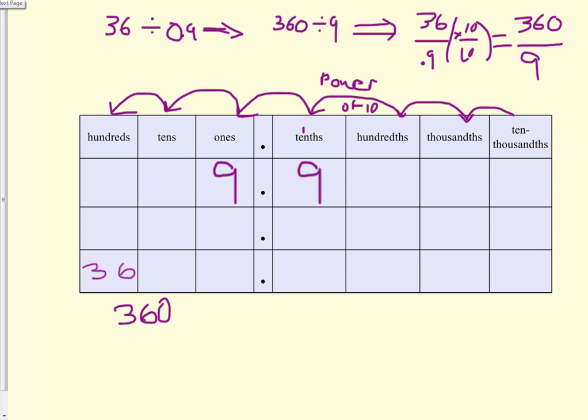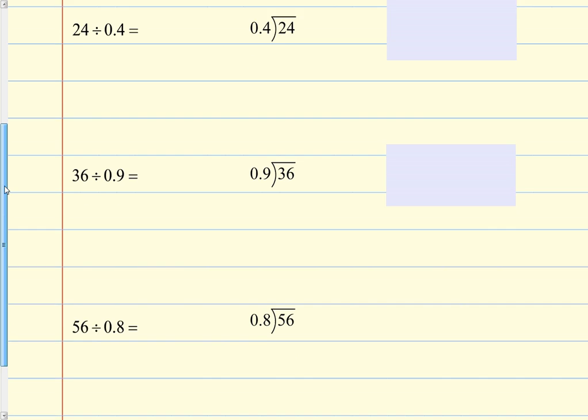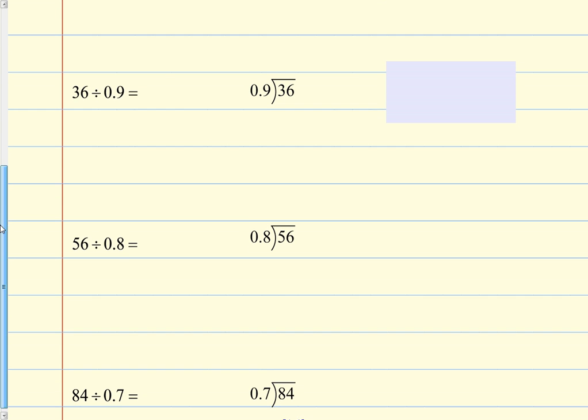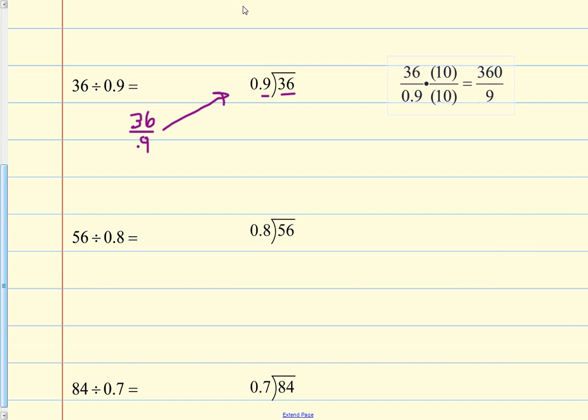Now, let's go to that next step and look at where that 360 comes from. So remember we said 36 divided by 9 tenths could be written like this, but we're not sure what to do about this decimal point. So what I want to do is build to higher terms, like I just showed you, and now I can rewrite my problem.